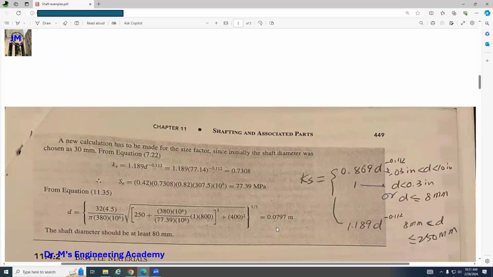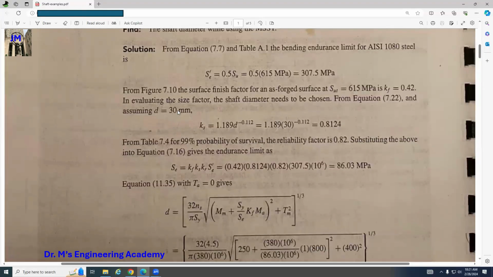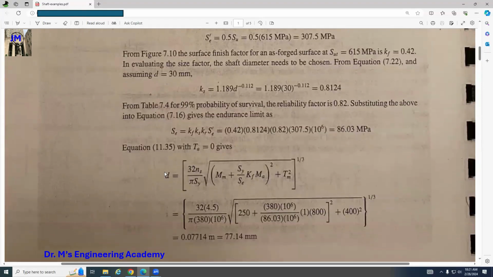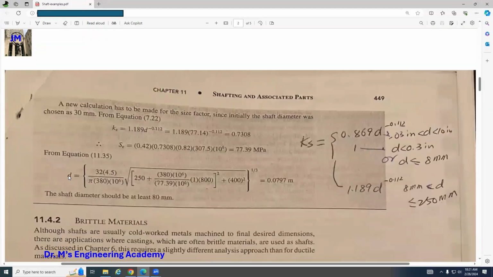One more time. When should we stop? We pat our head and get the estimate. At the very beginning, the estimated value is 30 millimeter. And then we do this first iteration, get this value. And then we do the second iteration, get the second value.